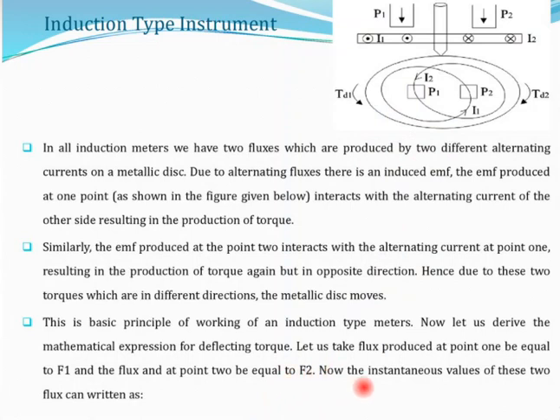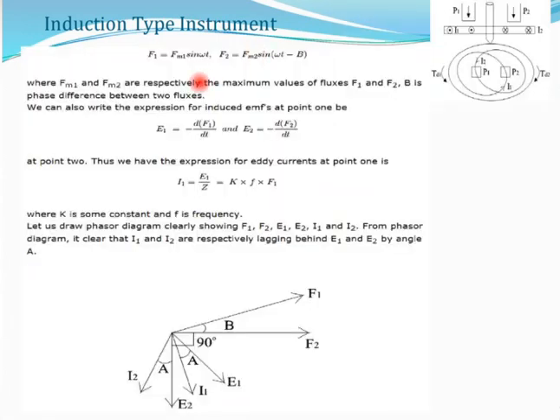Now the instantaneous values of these two fluxes can be written as F1 equals Fm1 sin omega t, and F2 equals Fm2 sin(omega t minus B), where Fm1 and Fm2 are respectively the maximum values of fluxes F1 and F2, and B is the phase difference between the two fluxes.